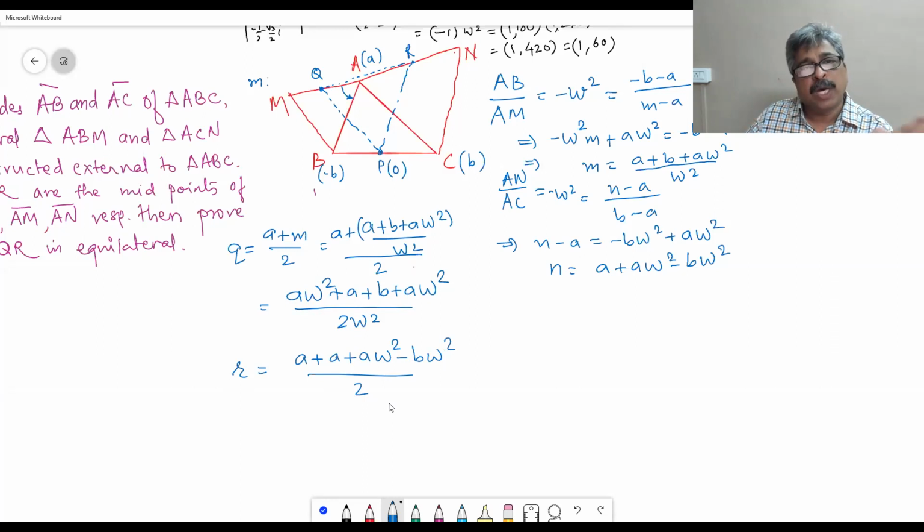So now PR becomes PQ, PR becomes PQ is minus omega square. That is what we want to prove.